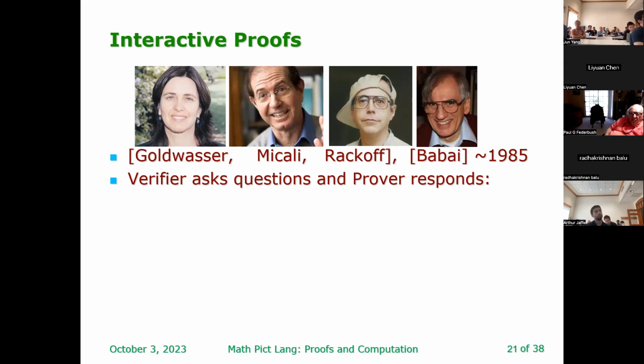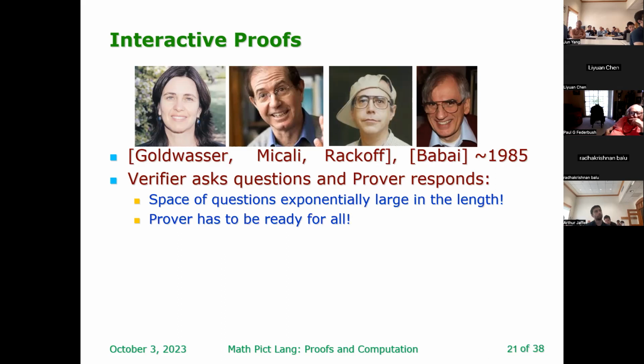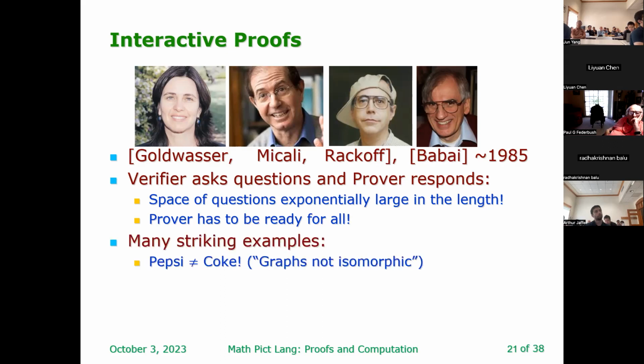Initially, these folks proposed the model, gave some very intriguing examples of problems that we knew how to prove interactively, and then came a very compelling theorem which completely nailed it down. A striking example is the Pepsi versus Coke test, a blind taste test.